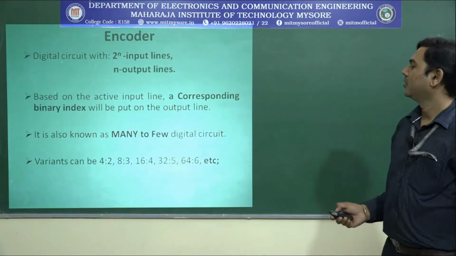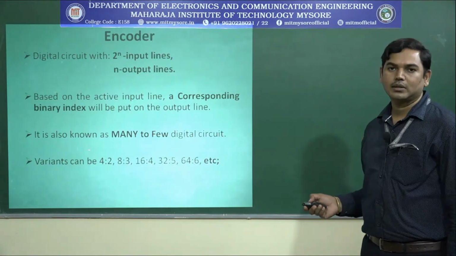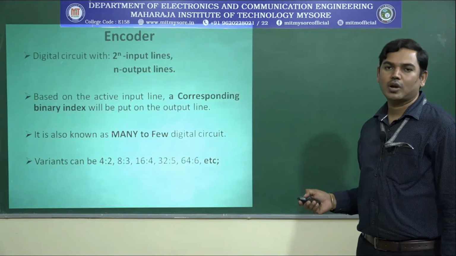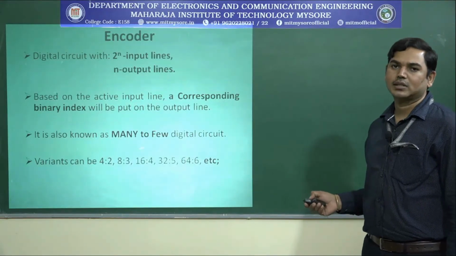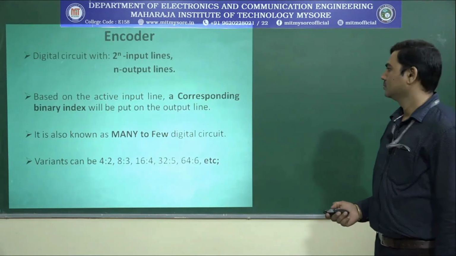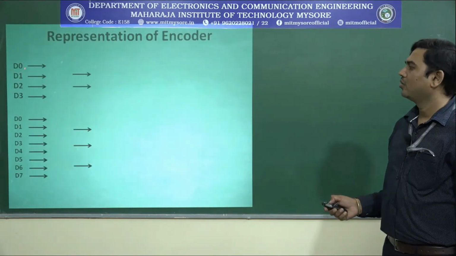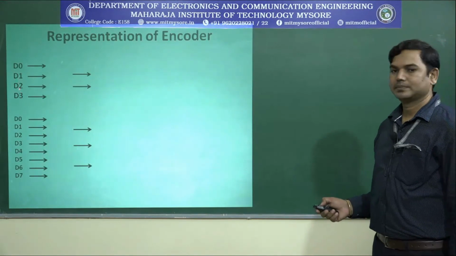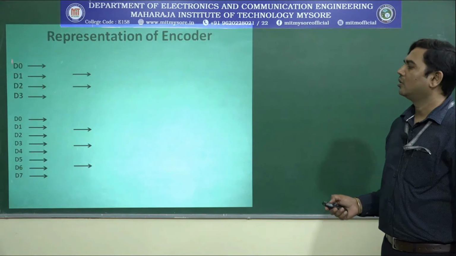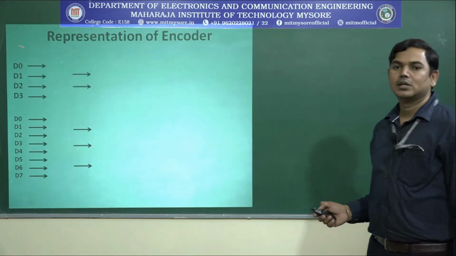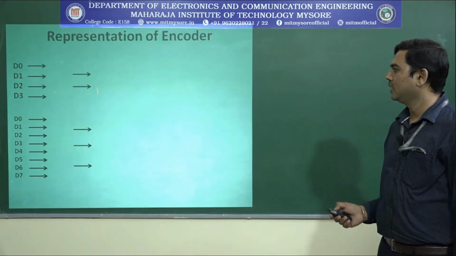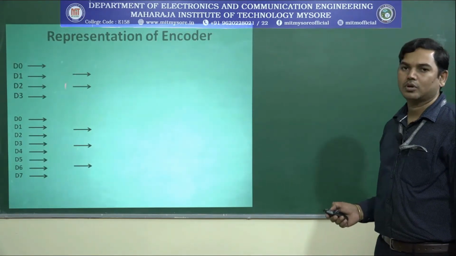So, we can say an encoder is a digital circuit with many input lines and few output lines. It is also called many to few. Here we have 4 input lines, D0, D1, D2, D3. 4 can be represented as 2 power 2, so that power 2 will be here at the output.